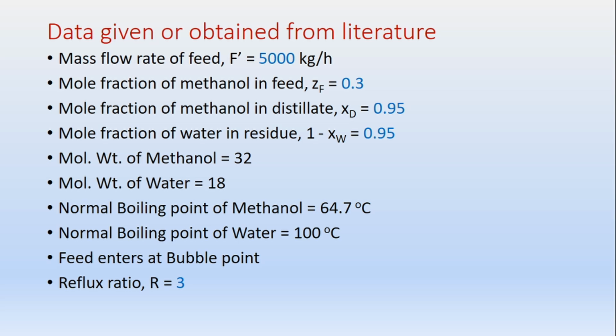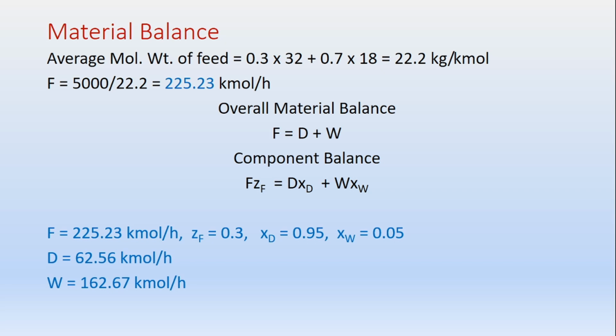Then the molecular weights of methanol and water are given. The normal boiling point of methanol is 64.7 degrees centigrade, and for water it is taken as 100 degrees centigrade at 1 atmosphere. Feed enters at its bubble point and the reflux ratio given is 3. Okay, let us determine the flow rates of the unknown streams.